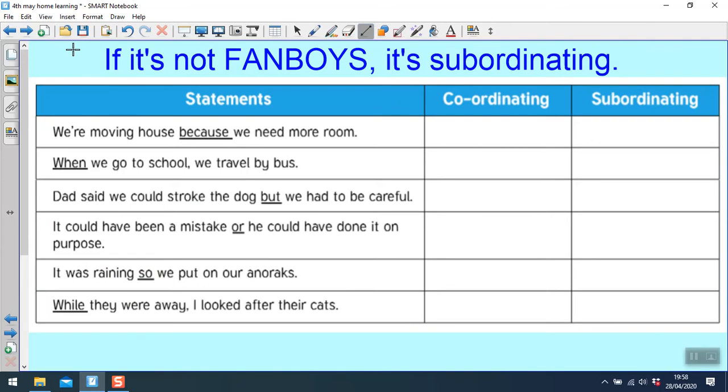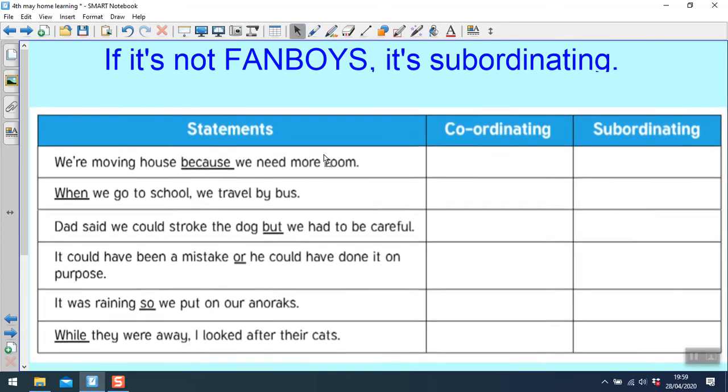So, what you've got to do now is think about whether each underlined conjunction is a coordinating conjunction or a subordinating conjunction. Like I said before, if it's not represented by the FANBOYS conjunctions, that means it is a subordinating conjunction.